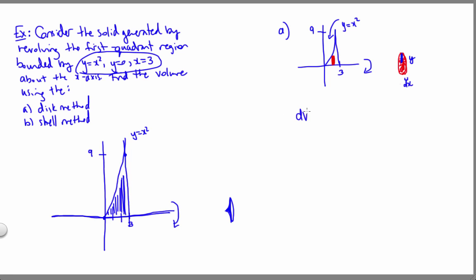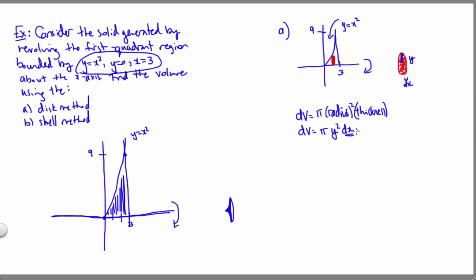So when we work out dV, in general for a disk, dV is going to be pi times the radius squared times the thickness. And for this particular disk, dV will be pi times y squared times dx.